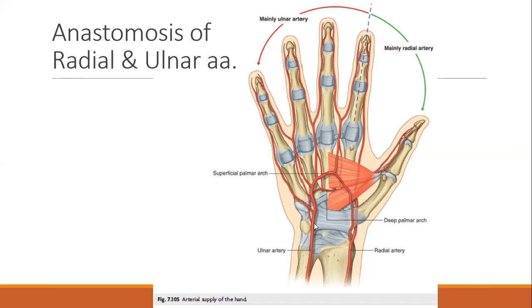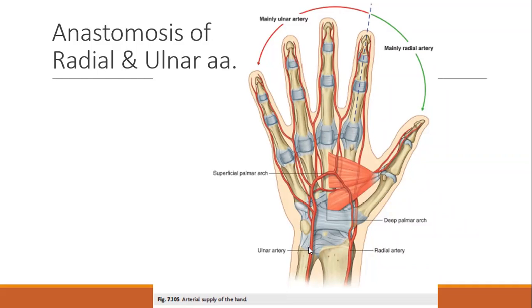Another thing I want to note on this picture, because it's much easier to see it than other photos or other drawings. Your superficial palmar arch, as well as your deep palmar arch, both give off branches that come together as the common palmar arteries, I believe. And then they anastomose with themselves.